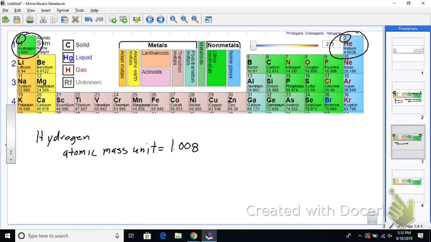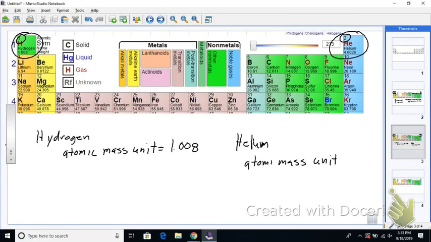Okay, we're not going to put a unit with it right now, but we're going to say the atomic mass unit for hydrogen is roughly 1. Okay, if we look at helium, its atomic mass unit is roughly 4.